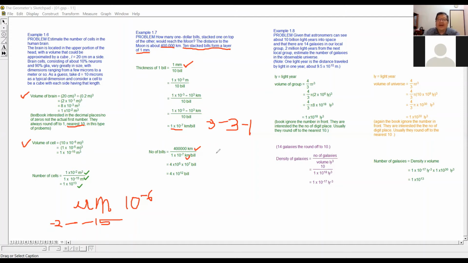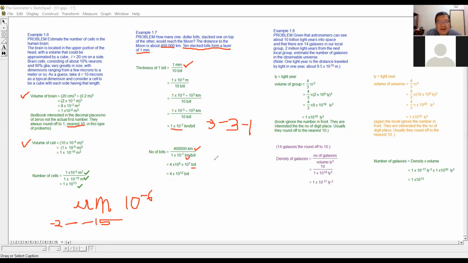The kilometer and kilometer will cancel off. As a result, I will get the number of notes. So 400,000 you can convert to 4 times 10 to the power of 5, divide by 10 to the power of negative 7.